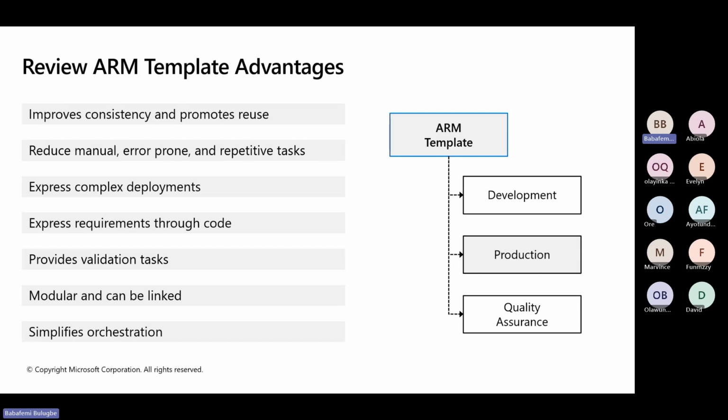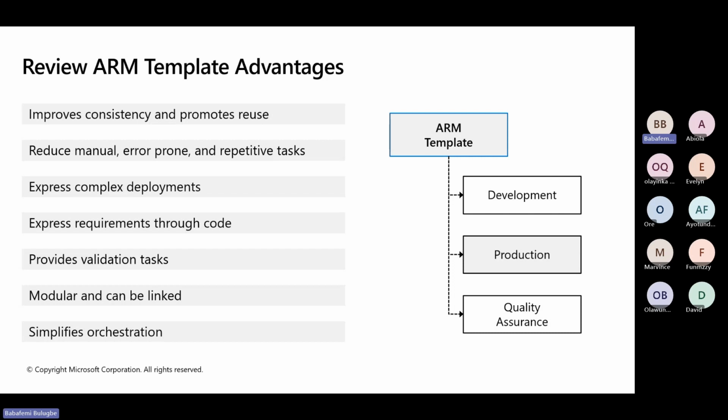What this means is you define your resources for Azure to deploy without specifying how the resource needs to be created. And that's what we call declarative. So you do not need to specify how this resource needs to be created. Azure will figure it out and create it for you. So that you can express requirements as code, it provides validation.